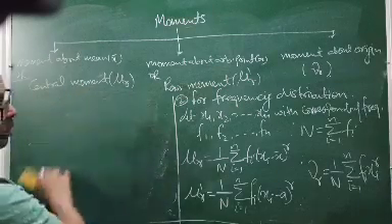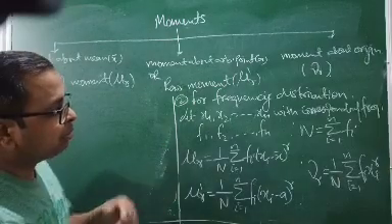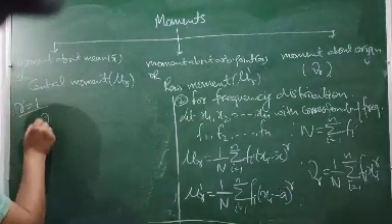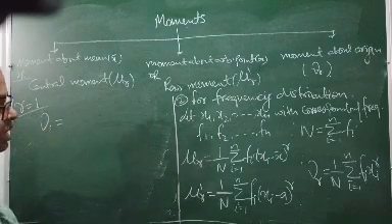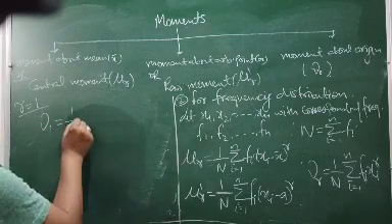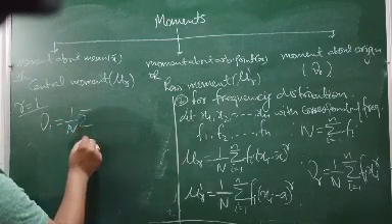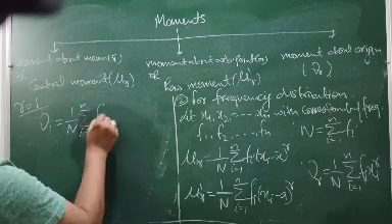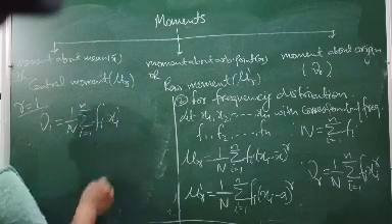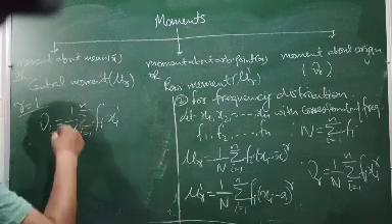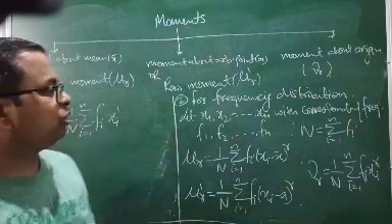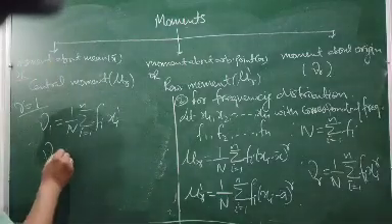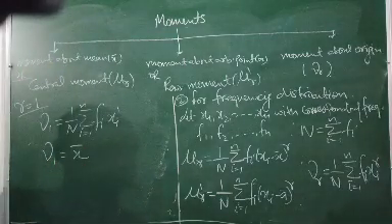Next, nu r, moment about origin. Now we put r is equal to 1. Nu 1 is 1 upon capital N summation i varies from 1 to n fi xi to the power 1, and this is known as the mean of the frequency distribution. So this can be written simply as x bar.